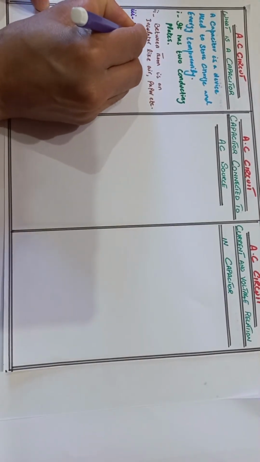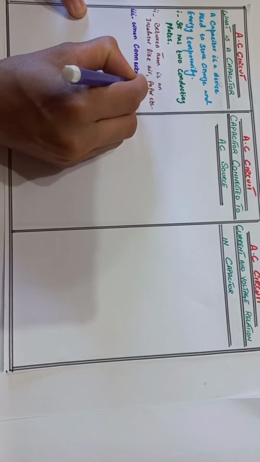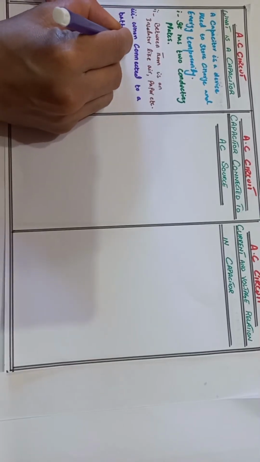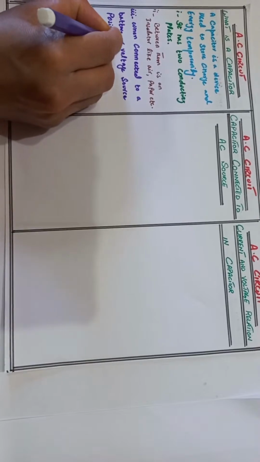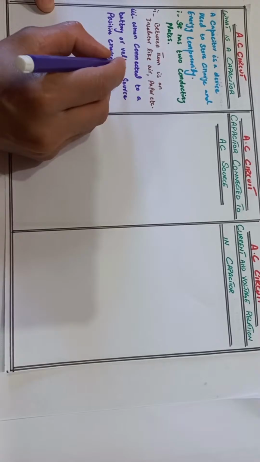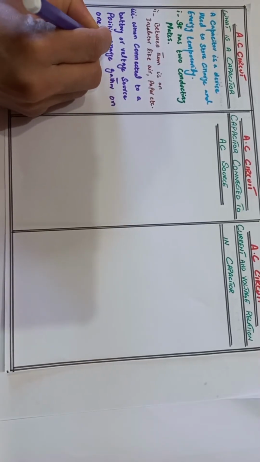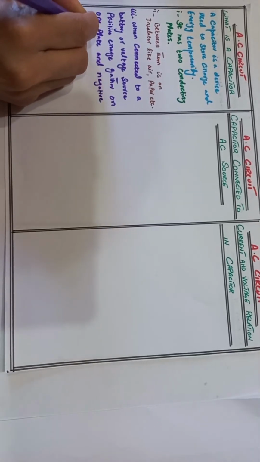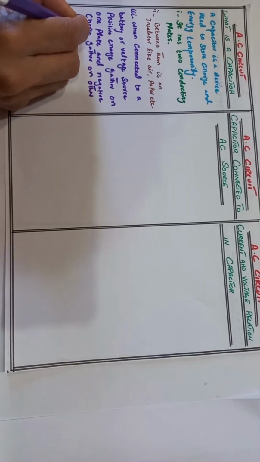When connected to a battery or voltage source, positive charge gathers on one plate and negative charge gathers on the other plate.